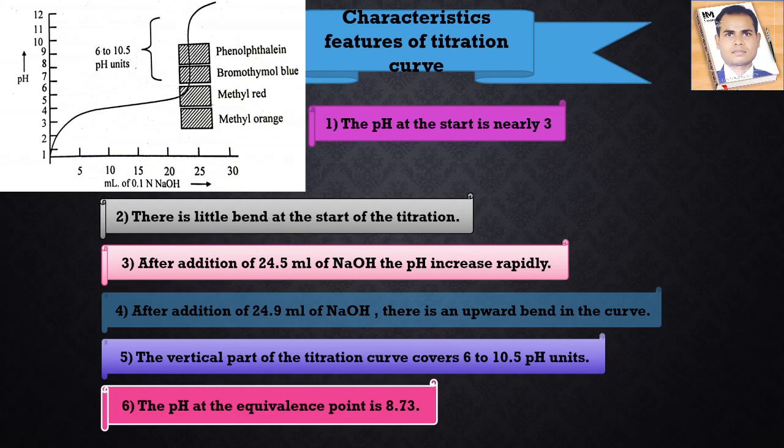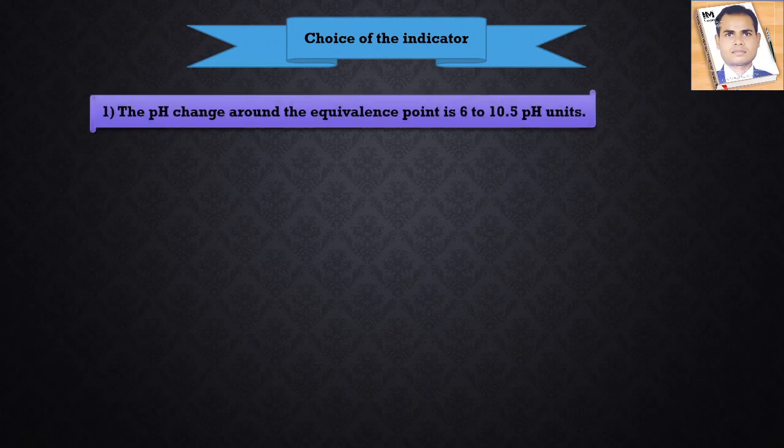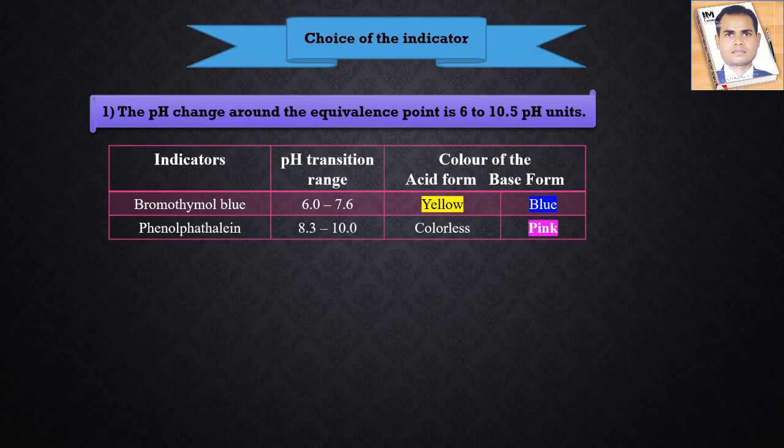The pH unit around the equivalence point is 6 to 10.5. We know the pH transition range for the indicator bromothymol blue, that is 6 to 7.6. In this case we have taken only two indicators, bromothymol blue and phenolphthalein.